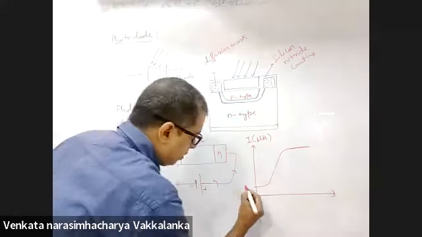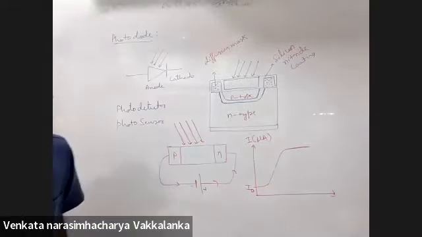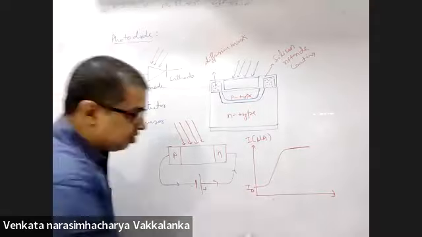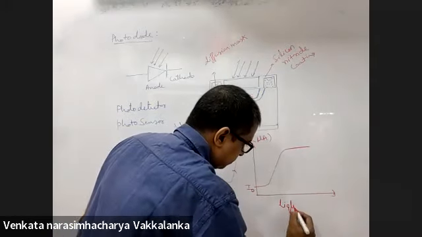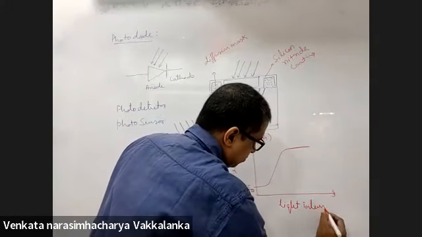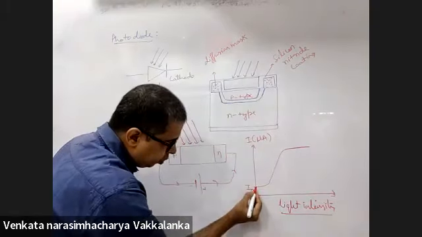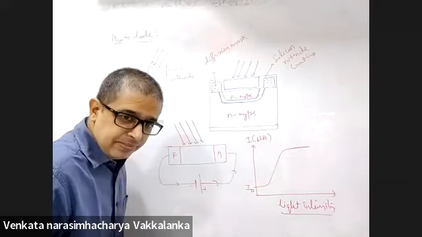This will be called ID, that is in microamperes, and this is the light intensity. When light intensity was zero, also you are finding some current in it.